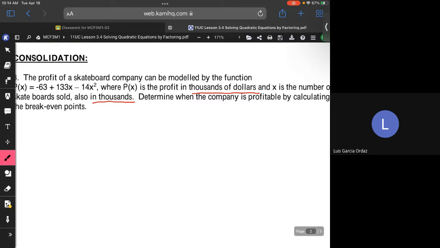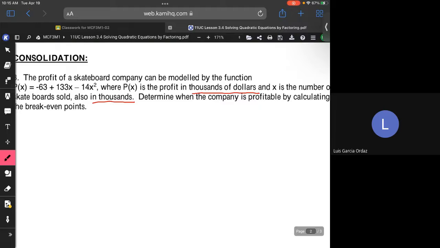When we find our final answer, what do we have to multiply those by if it's in thousands? Because our profit and our number of skateboards are both in thousands, when we factor and find our x-intercepts and our vertex, I have to multiply those values by 1,000.